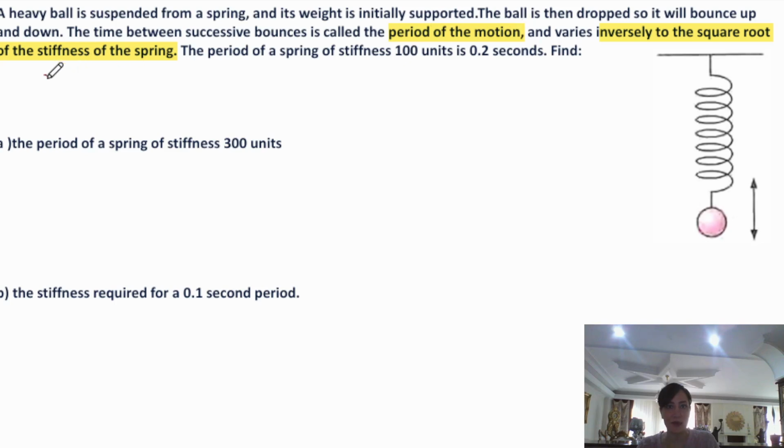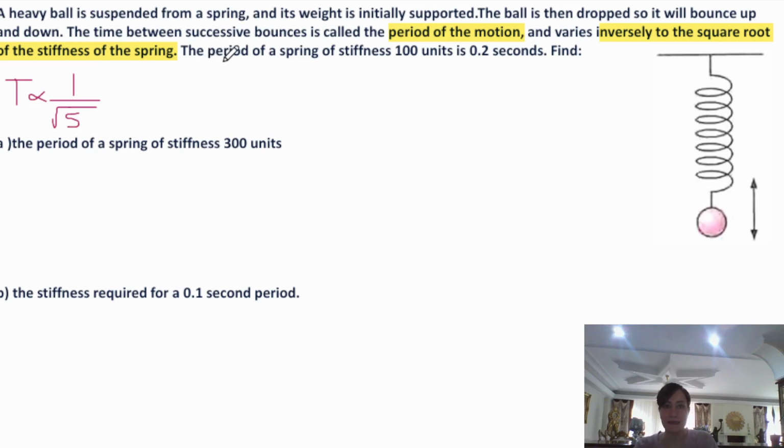That means the period, which I show with uppercase T, is inversely proportional to the square root of stiffness of this spring.